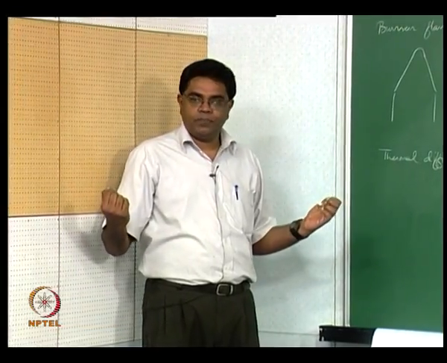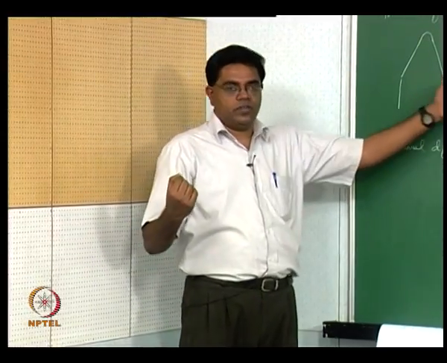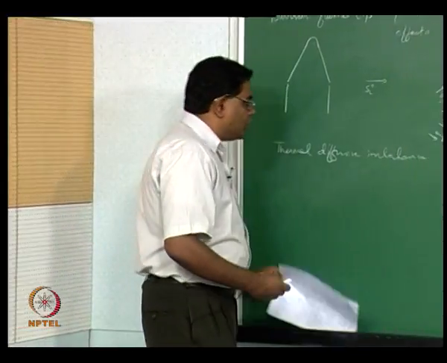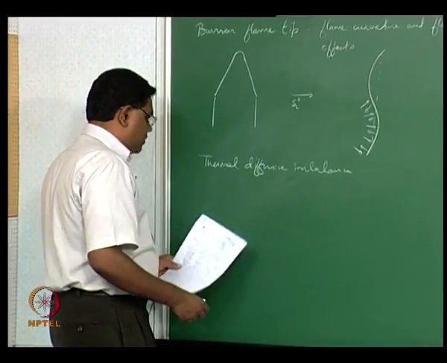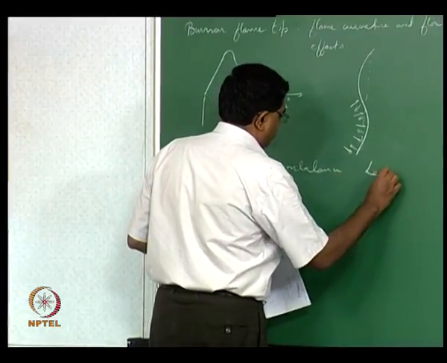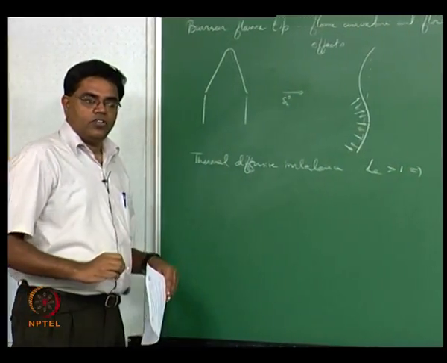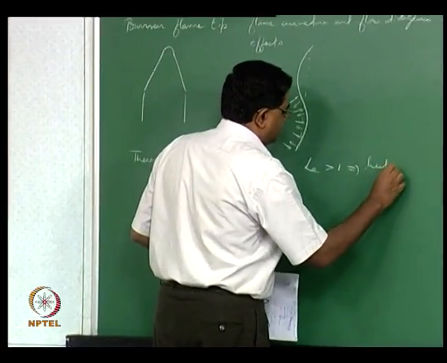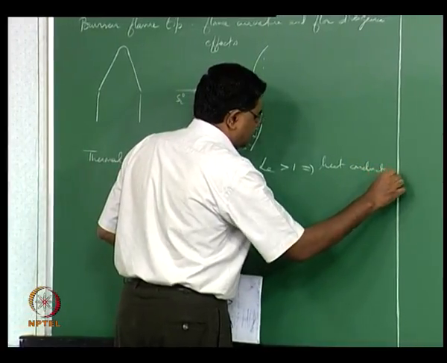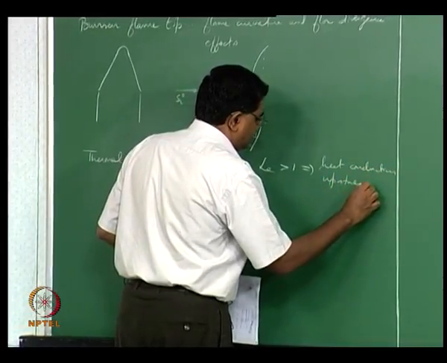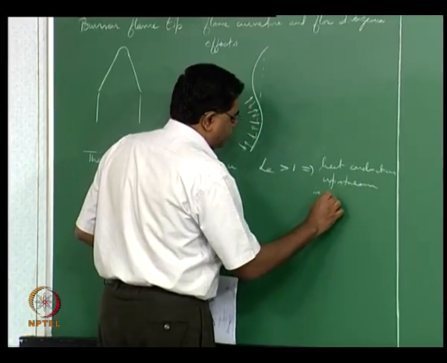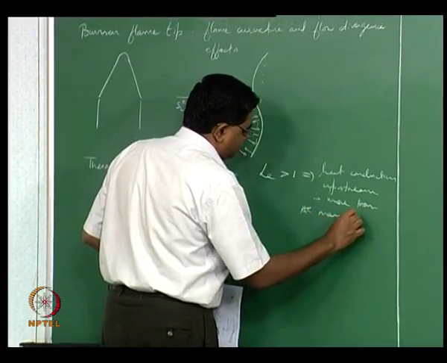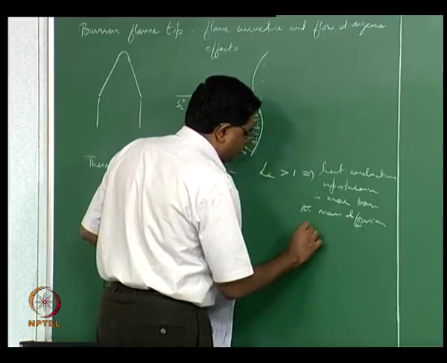It's a Lewis number, right. So we have to think about what the Lewis number is, and depending upon what it is, if you now have a Lewis number that is greater than 1, that means the heat conduction upstream is more than the mass diffusion downstream.